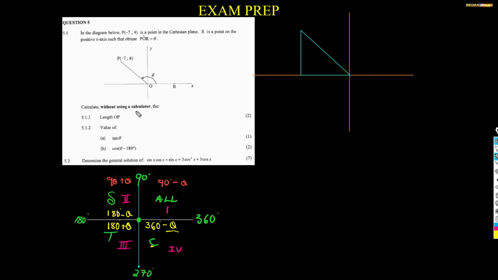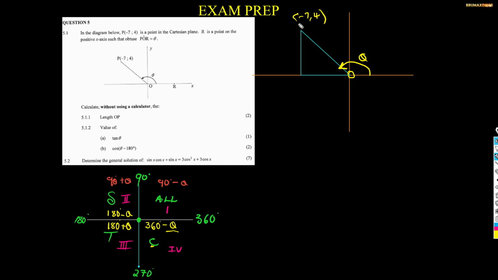They say calculate without using a calculator, meaning that you should be able to do that given the question. So I'm using this part just to ensure that we have our values, and from here to here will be theta, and then point O.